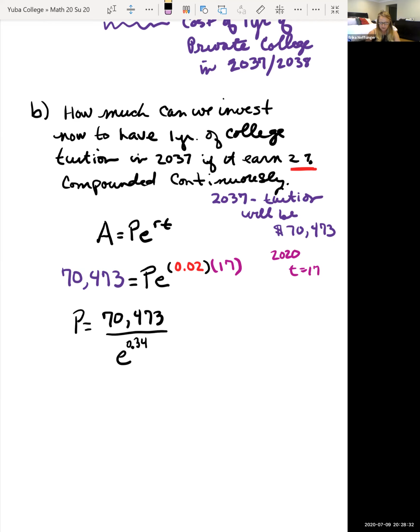So that's 0.034. So this is approximately $50,160.